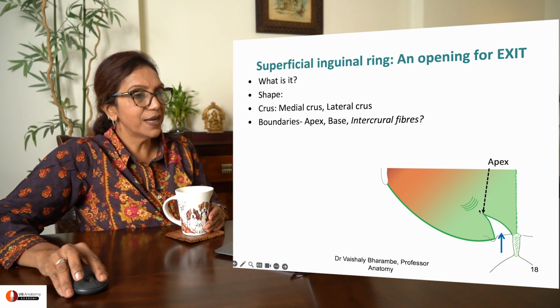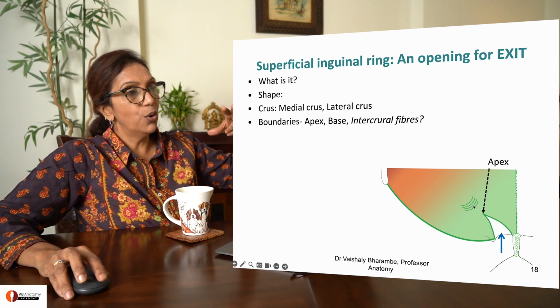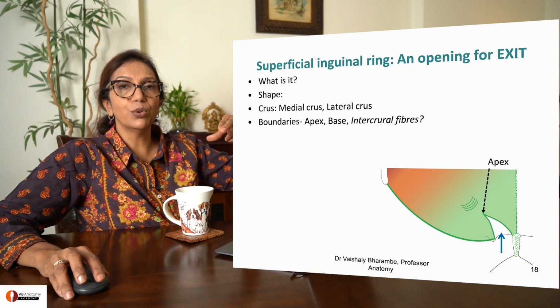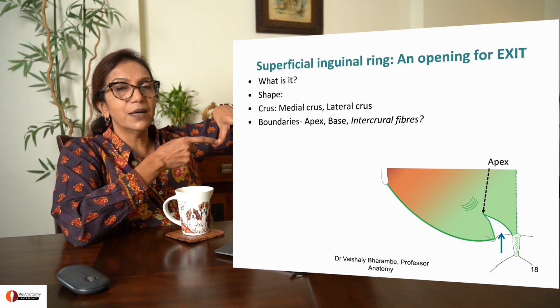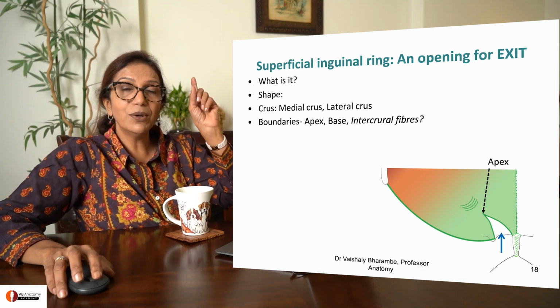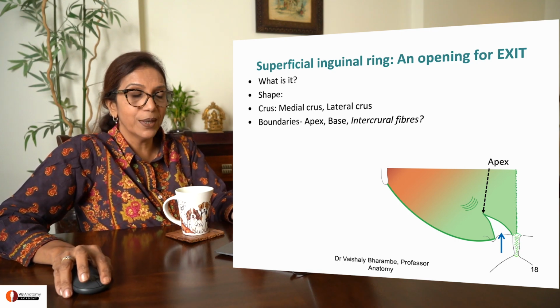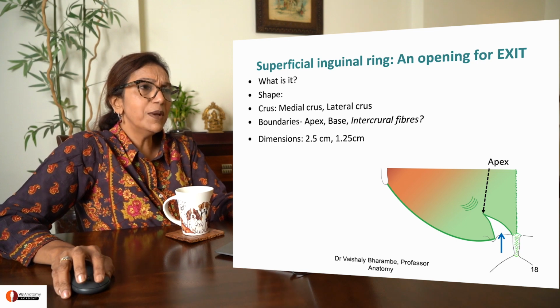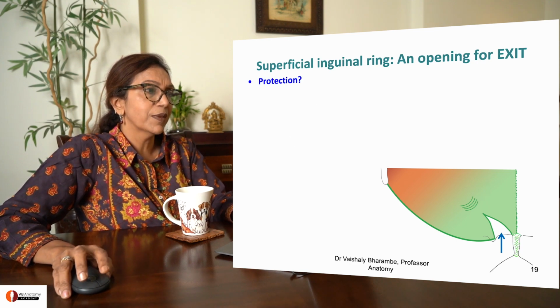Superiorly, you also find these horizontal fibers, which are intercrural fibers holding the two crus together. You just imagine if the crus begin to separate out, the gap becomes too big and it allows for herniation. So you have to have intercrural fibers holding the two crus or crura together. Measures about 2.5 by 1.25 centimeters.